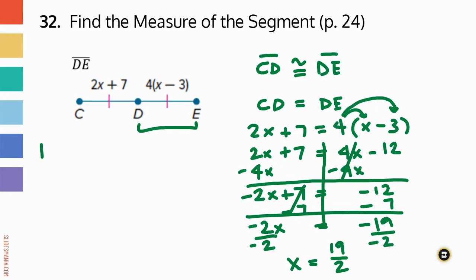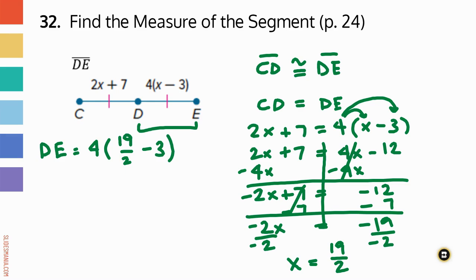So I know DE equals 4 times the quantity, x is 19 over 2, minus 3. And then I'm going to use my calculator, and do all of this all at once.